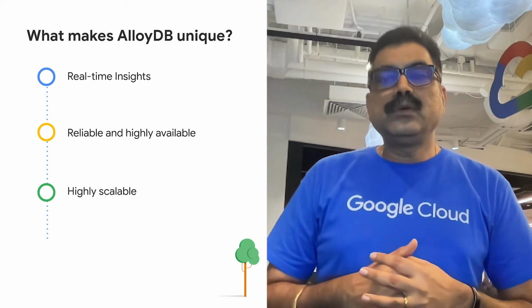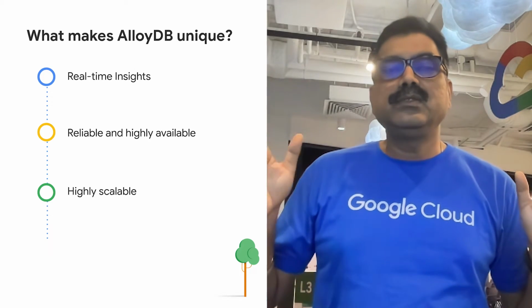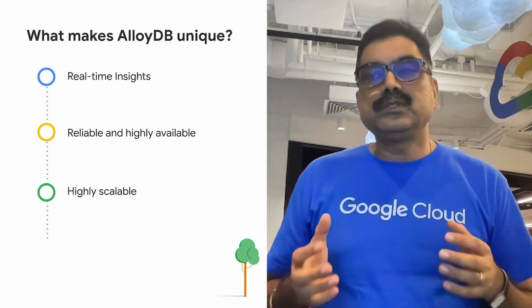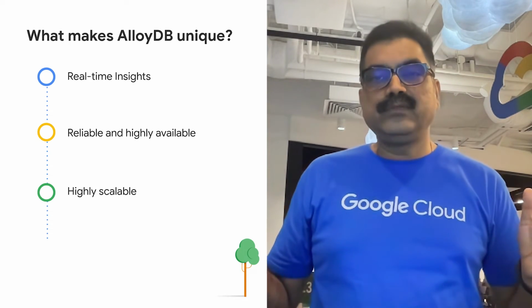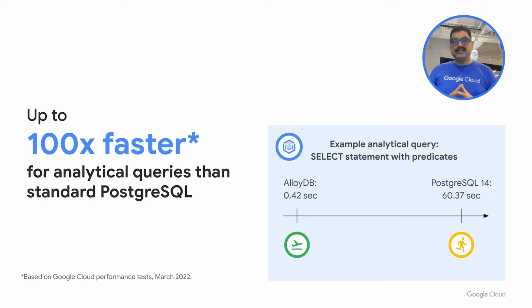AlloyDB is also highly scalable and can scale horizontally up to more than 1000 virtual CPUs for read connections. This is also supported by the horizontal scale-out of the database optimized storage. We have seen in our test that AlloyDB is up to 100 times faster for analytical queries compared to standard stock Postgres, thanks to its columnar execution engine.